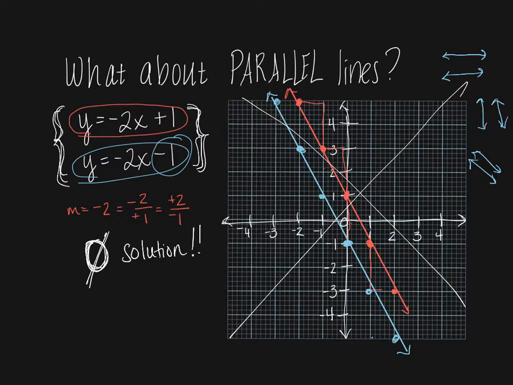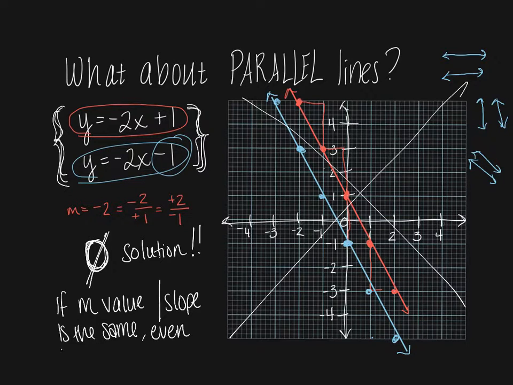Well, remember that if my slopes are the same, if my m value is the same, but the y-intercepts are different, then there is no solution because they will be parallel.